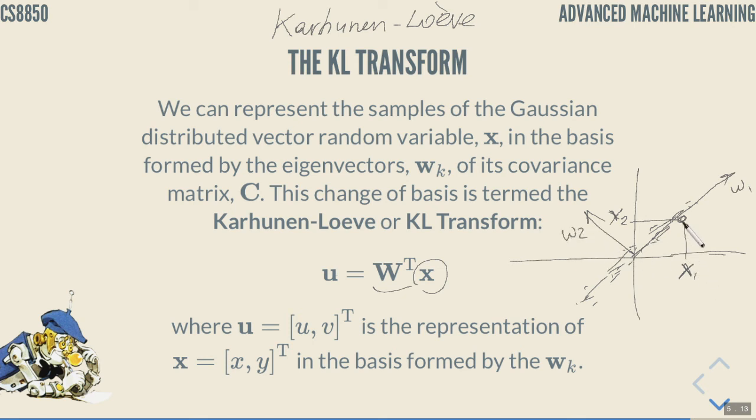Right? It will be a convenient representation. Most of them will have non-negligible w1 value and close to 0 w2 value. So that's KL transform.